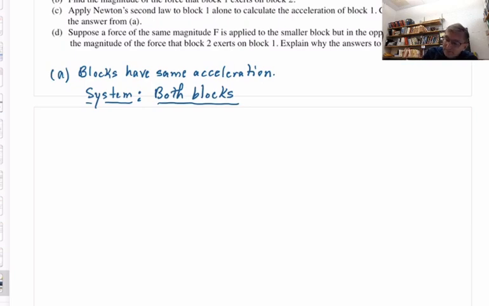Now, once I pick a system, you might call that step 1 in a systematic application of Newton's second law. Step 2 is draw a complete free body diagram for the system that we just chose.